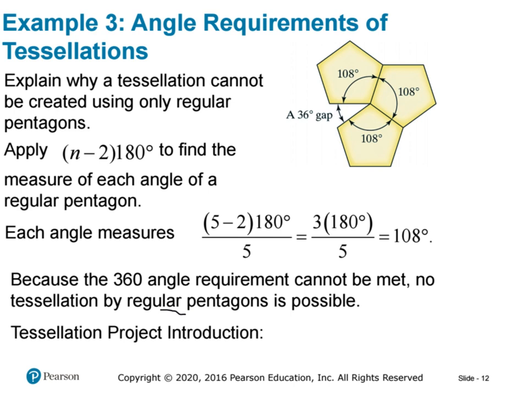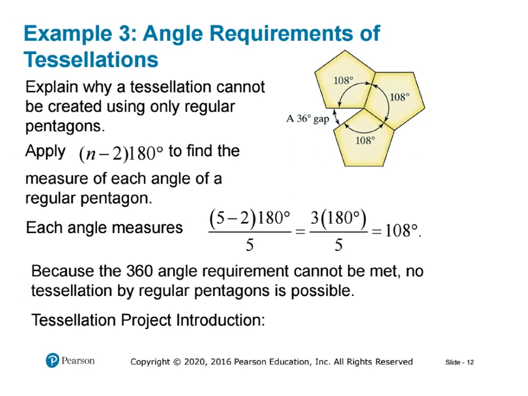So 3 times 180 over 5 equals 108 degrees. So because the 360 angle requirement cannot be met, no tessellation by regular pentagons is possible.